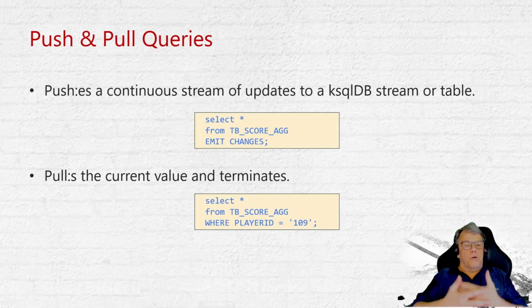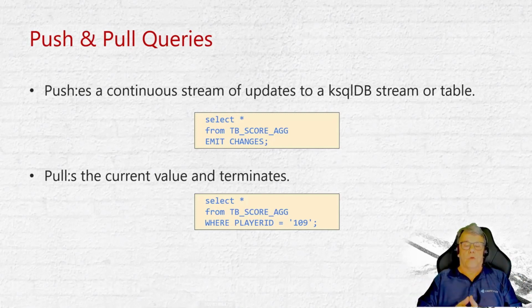When you're reading about ksqlDB and you're looking at select statements, we're talking about push queries and pull queries, where a push query generates a continuous stream of updates, whereas a pull query gets the current value and terminates.